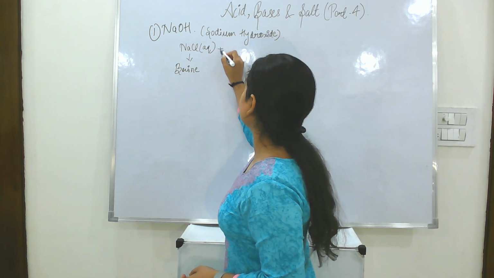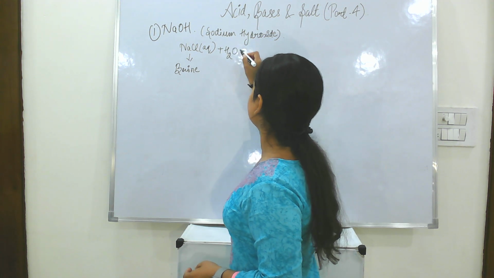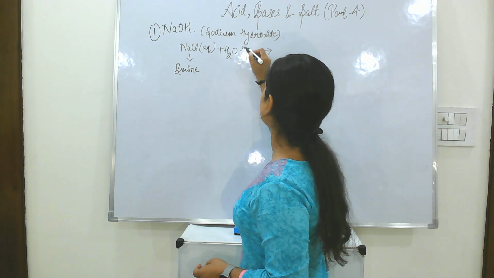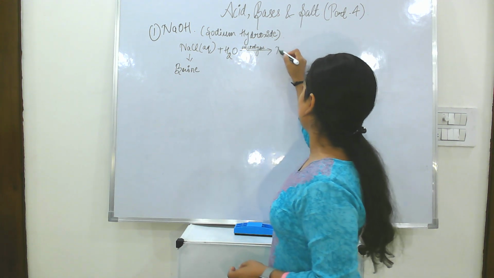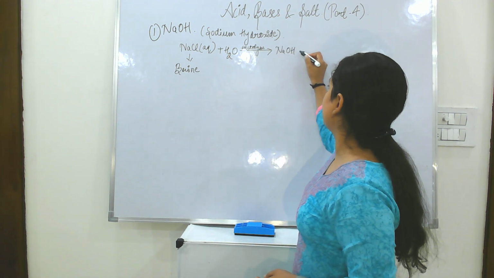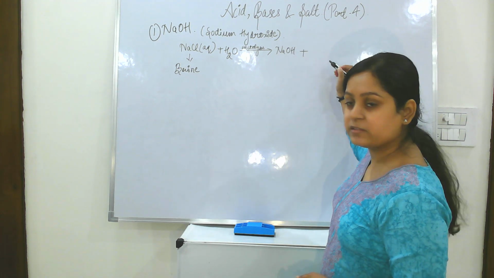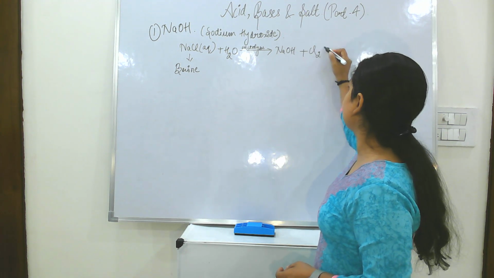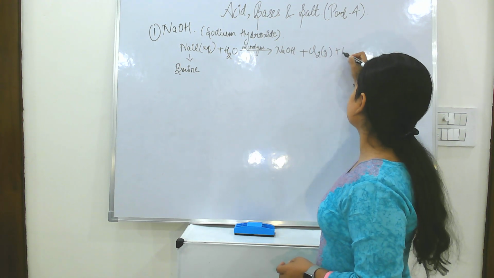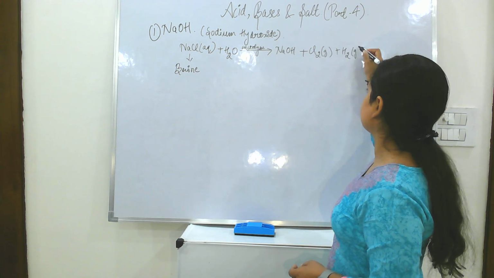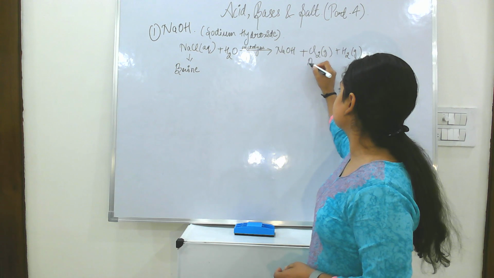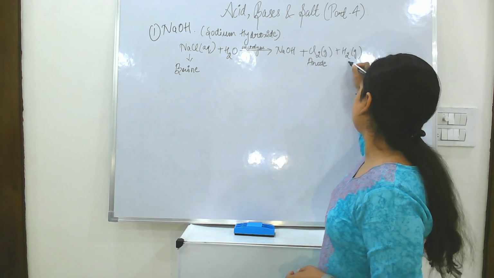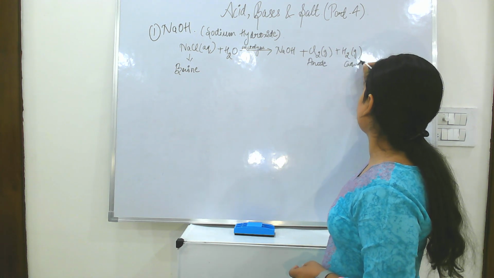Then NaOH is formed, plus two gases are released in this process. First is chlorine gas and second is hydrogen gas. Chlorine is released at the anode and hydrogen at the cathode.